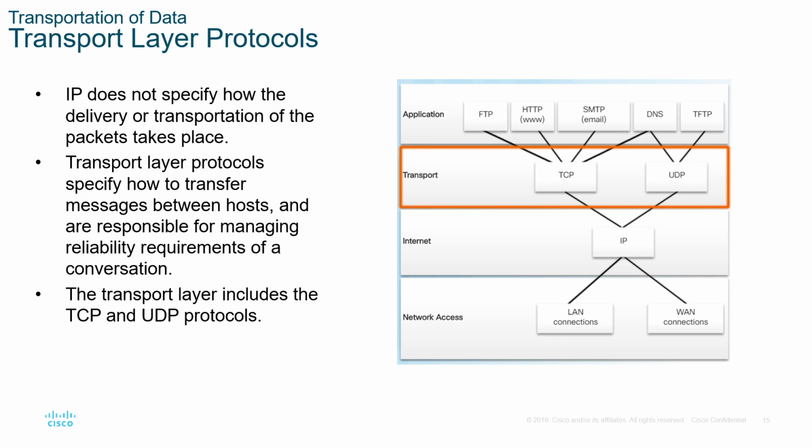It actually has a TCP side and a UDP side, so it's using both protocols. TFTP, Trivial File Transfer Protocol, which we use in the networking environment for moving operating systems to our devices, like switches, routers, firewalls, is a UDP application. Very important for us to know. IP doesn't specify how we deliver these things. It's all handled by these transport layer protocols.